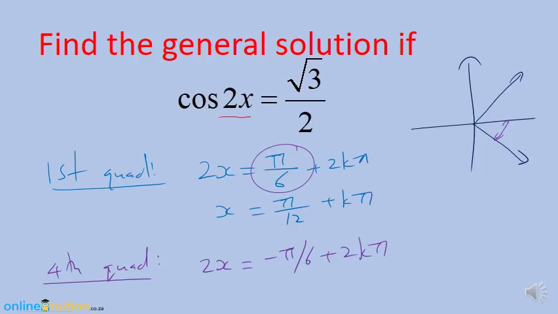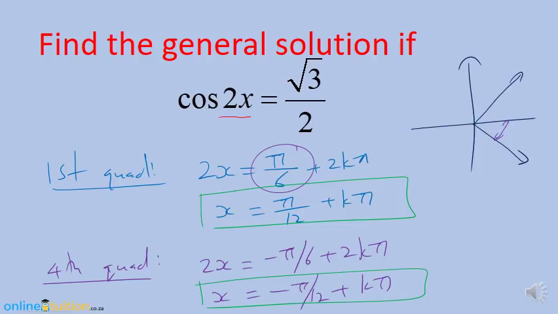They don't want 2x, they want x, so we divide throughout by 2, and here are my two solutions. So two pretty straightforward solutions, the ones that I've boxed, and of course, k is an integer. And there we have it. Nothing difficult. But just focus on that negative angle as well. You know, we're not accustomed to doing that.